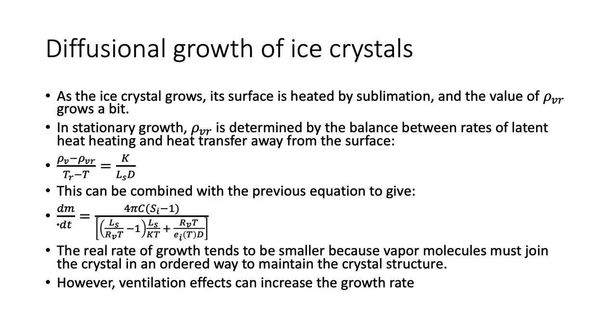Now, of course, as we said earlier, water vapor molecules must have the right size in order to be attached to the ice crystal. And so the actual growth rate may be even lower than what we obtain here. Okay, so be mindful of the approximations that we used here.